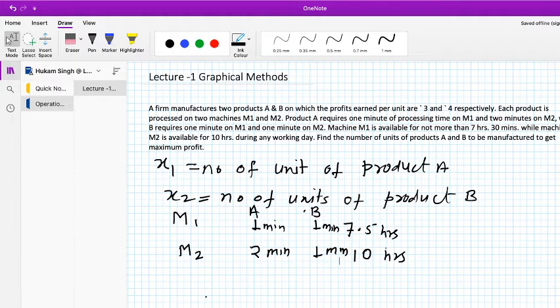Since we are going to produce x1 units of product A and x2 units of product B in order to maximize our profit, first we have to find the profit.